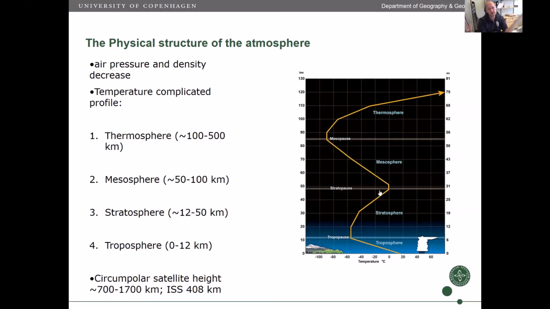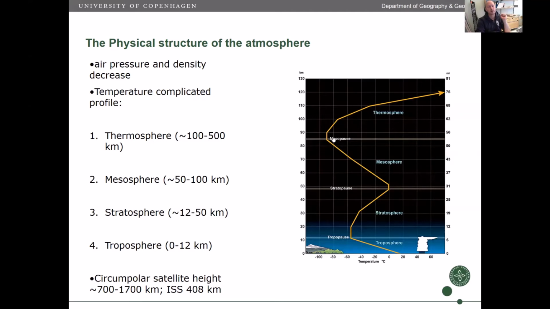And ozone is a strong greenhouse gas, absorbing a lot of the incoming radiation, and the heat is thereby increasing with height. Then in the mesosphere, we again see the opposite pattern, and this is because the maximum concentration of ozone is in the layer below, and then it's again decreasing with height, and thereby the temperature is also decreasing.